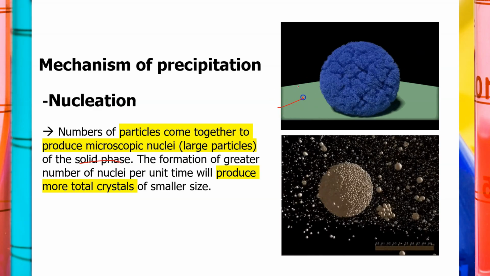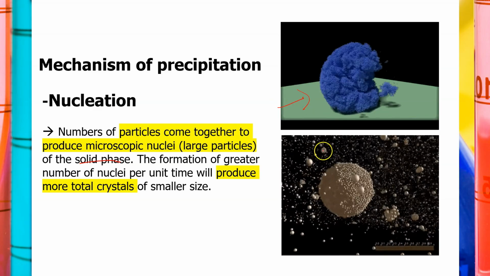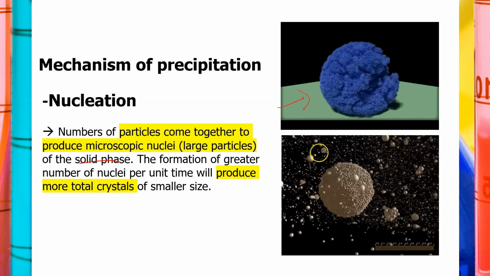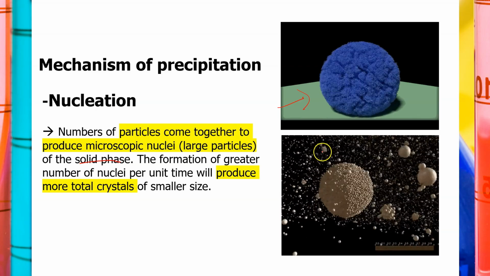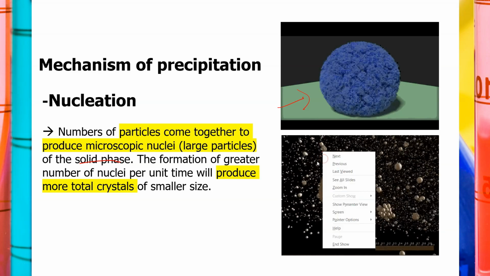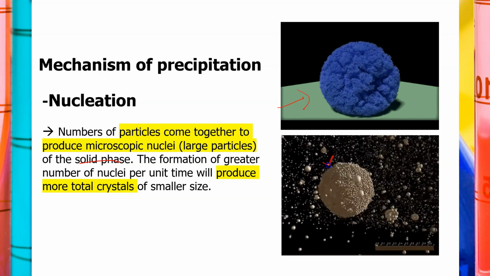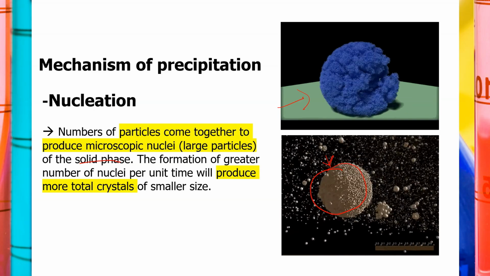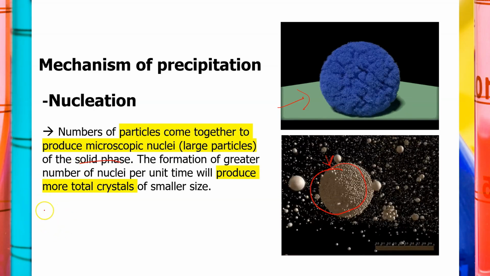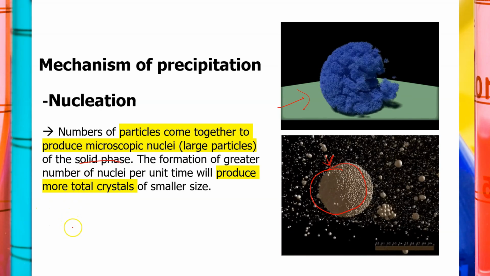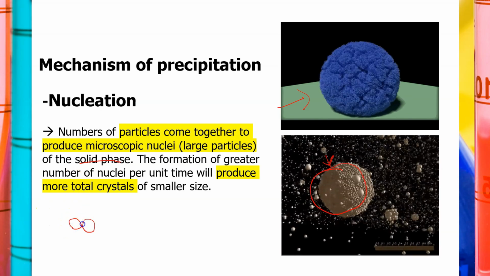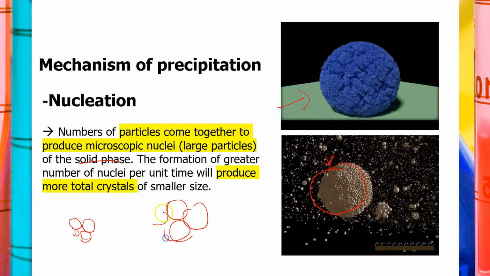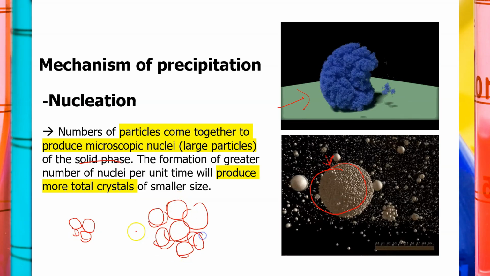If you can see here, when the small particles start to combine with each other, they will start to grow and produce a large particle just like this one. So in other words, the nucleation mechanism is about the combination of small products to form a large product, like this one.